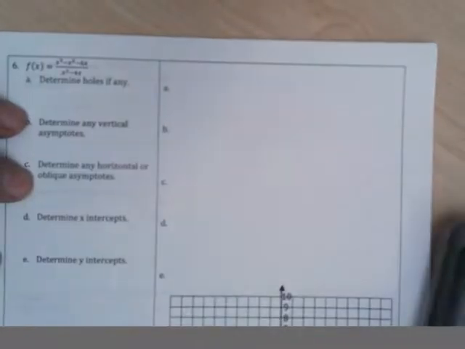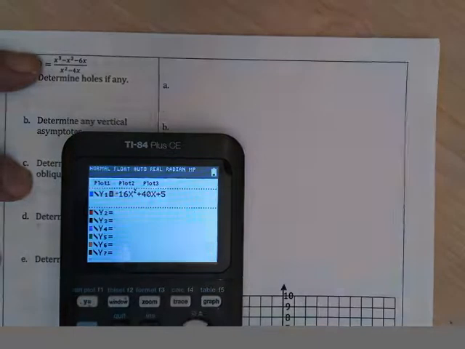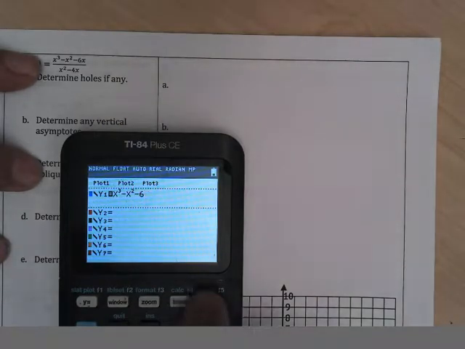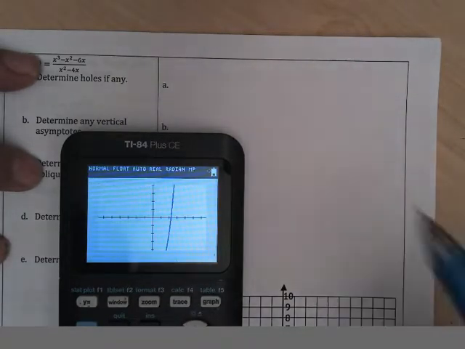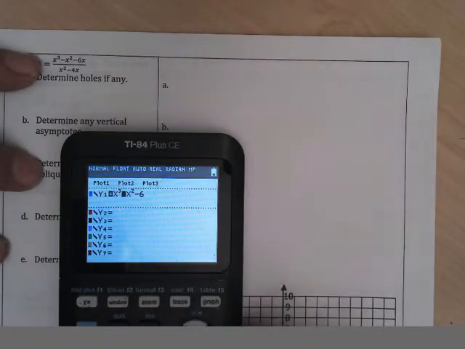Next page. Okay. I can factor that, but I can also just type it in case I'm worried about my factoring skills. So x to the third minus x squared minus 6x.